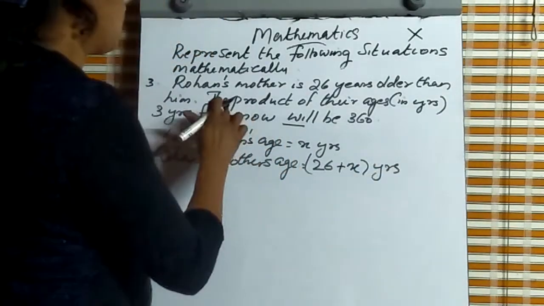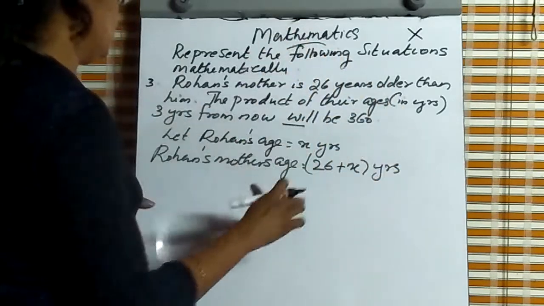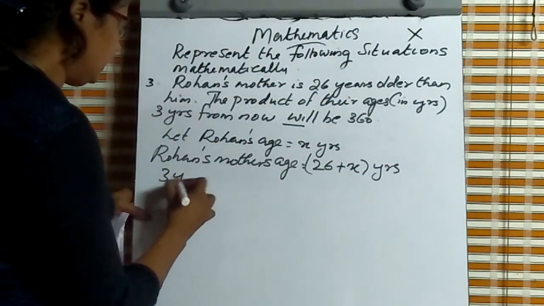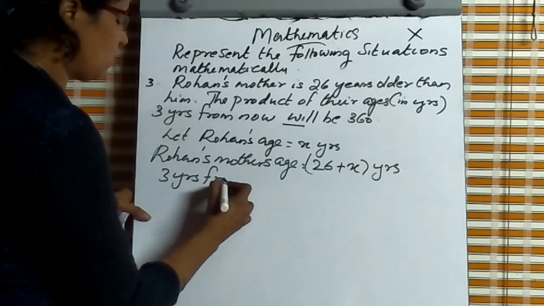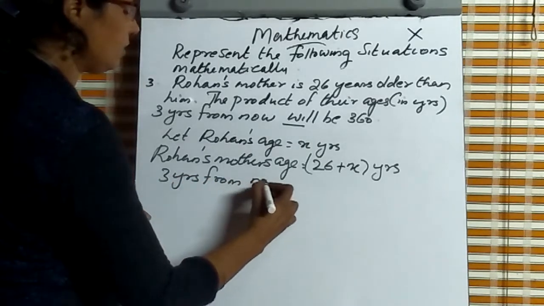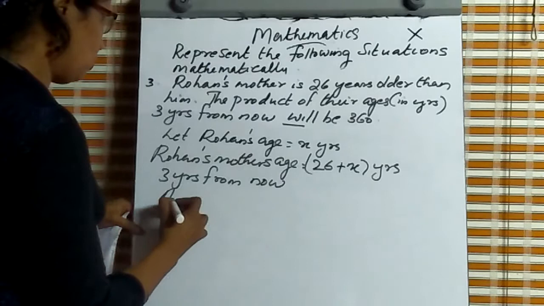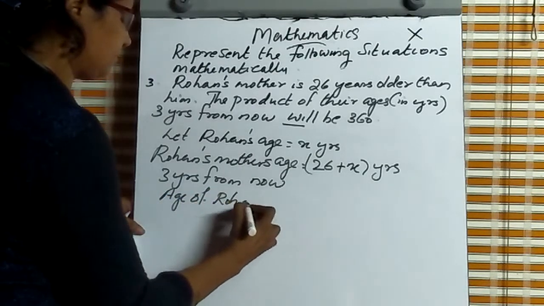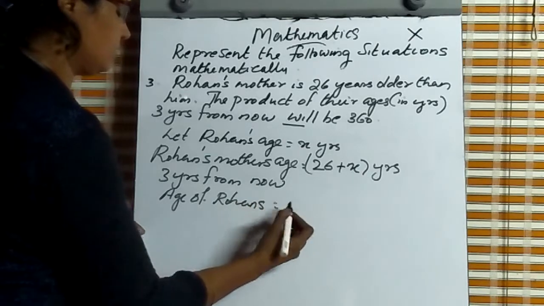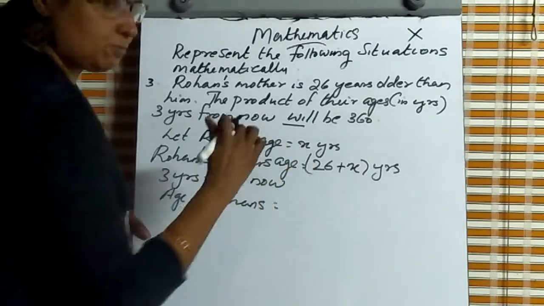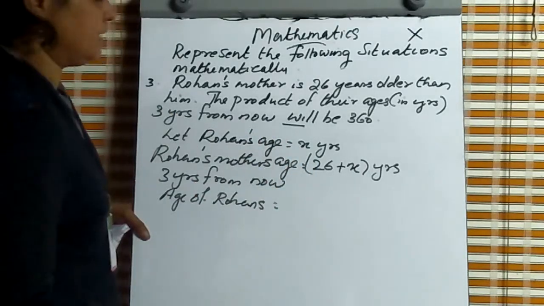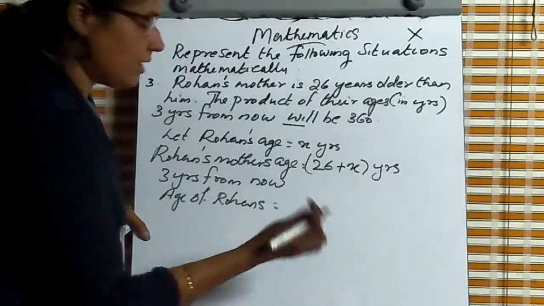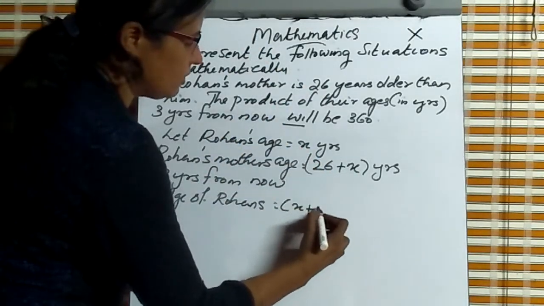Then the product of their ages in years, 3 years from now. What is the age of Rohan? 3 years from now means after 3 years. Rohan's age is now x. After 3 years it is x plus 3.